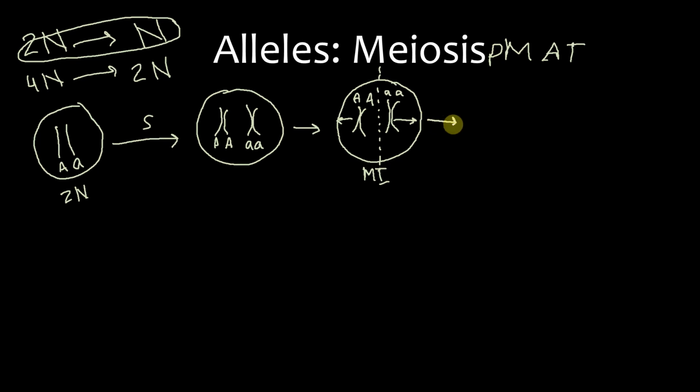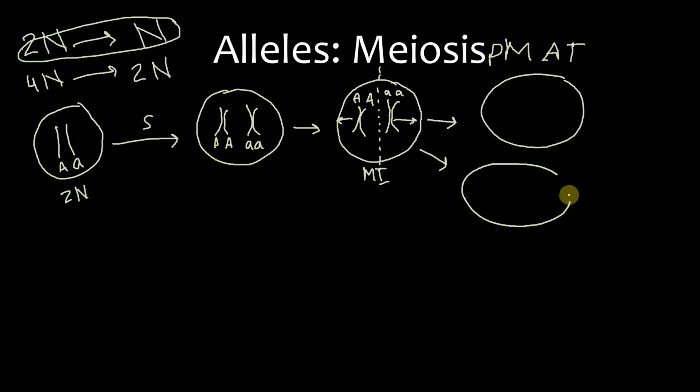Now, let's see what happens. What do they produce? Here, we're going to have 2 daughter cells that are also 2n. Let's do this side first: this one is going to have the big A, and this one is going to be little a. Now this is a little tricky.